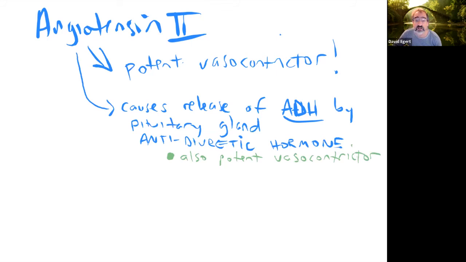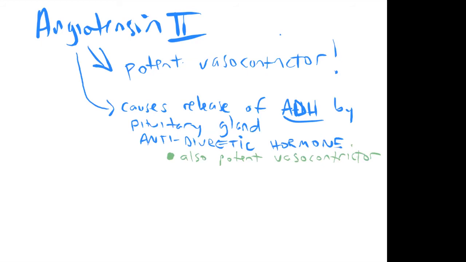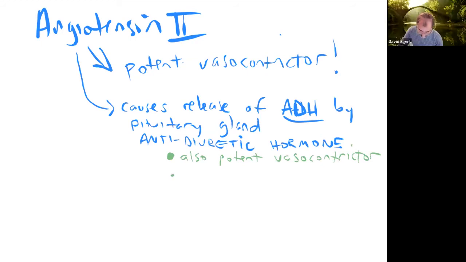So ADH is also going to constrict vessels, increase resistance, increase blood pressure. So more short-term control, your chemical control. But it also is going to do some other stuff. Just from its name, what is it doing? What does a diuretic do? Prevents release of water. Yeah, so this is going to tell the kidneys to conserve water.